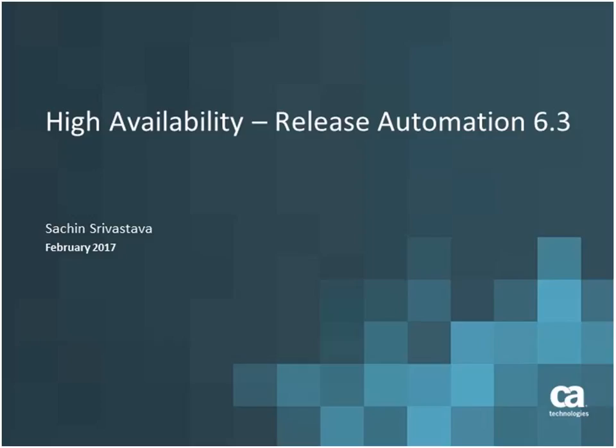So the first question that generally comes to mind with high availability is what is the need for high availability, why it is required at the customer, and why all of a sudden the DevOps model requires high availability features. Every customer that uses DevOps tools requires them to be available 24/7.